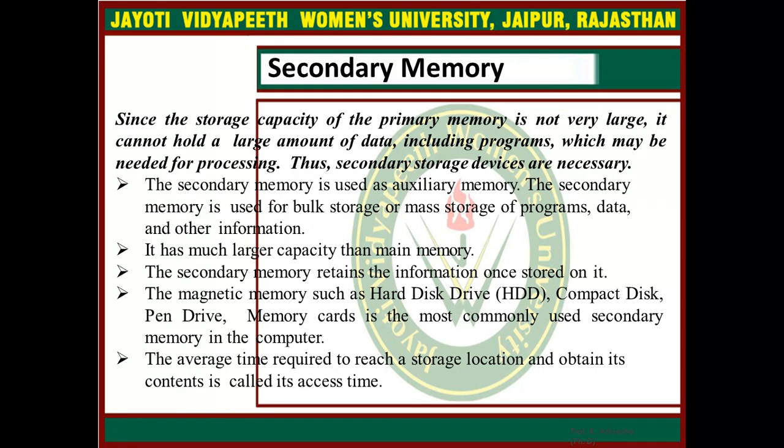This secondary memory retains information once stored on it, and magnetic memory such as hard disk drive, compact disc, pen drive, memory cards are the most commonly used secondary memories nowadays in computers. Okay, so the average time required to reach a storage location and obtain its contents is called its access time.